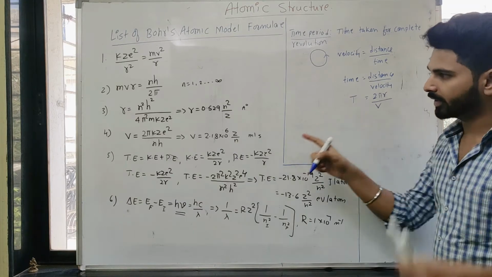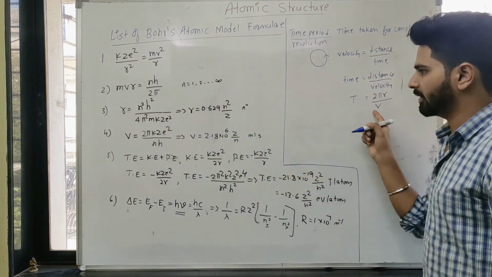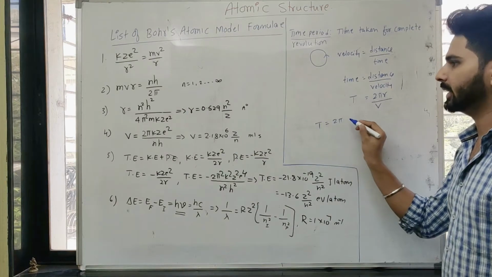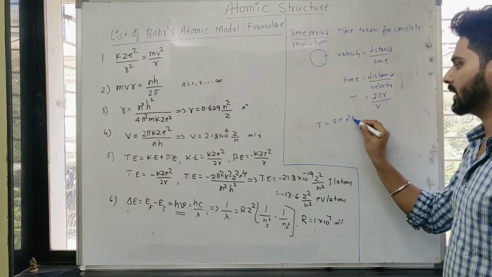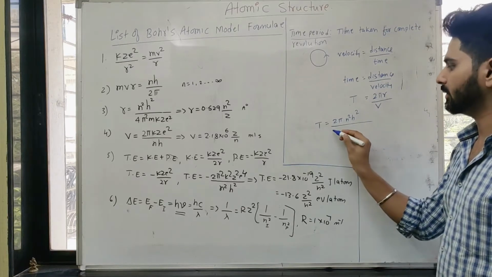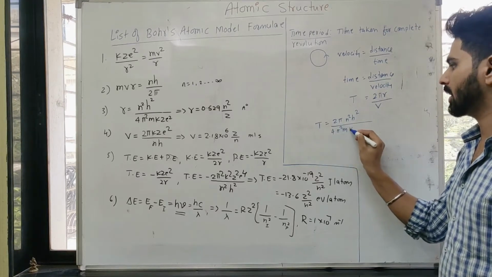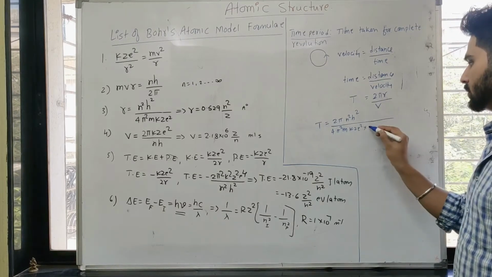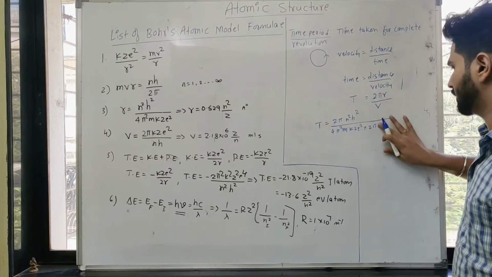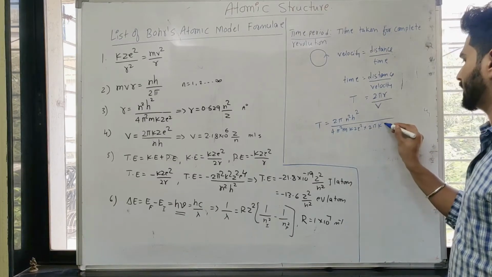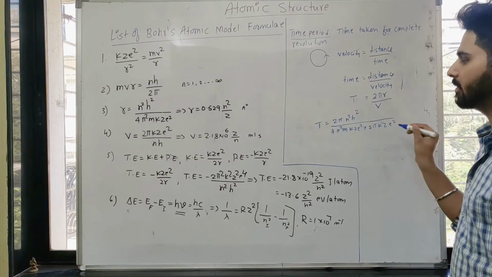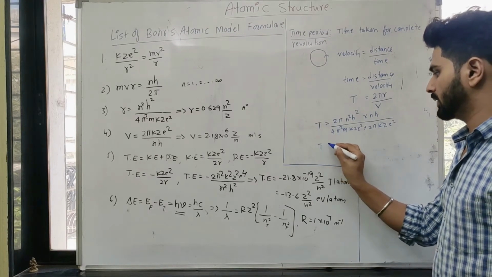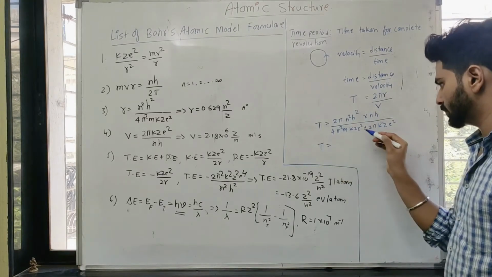When we put the value of radius as this one and velocity as this one, then t equal to 2π, radius will be n²h² divided by 4π²mkZe², and velocity is 2πkZe² divided by nh. So let me list out all constants together. So 2π will get cancelled there.